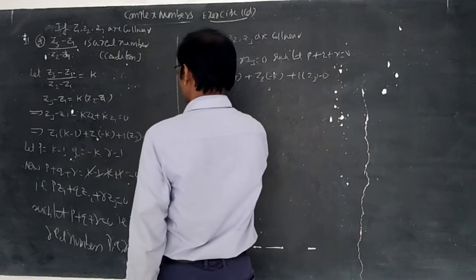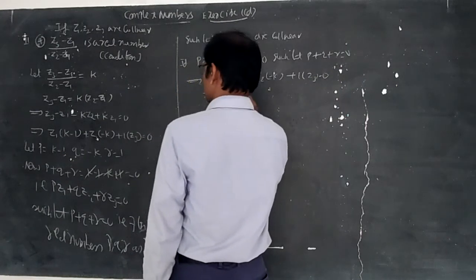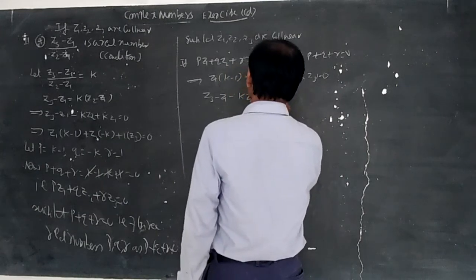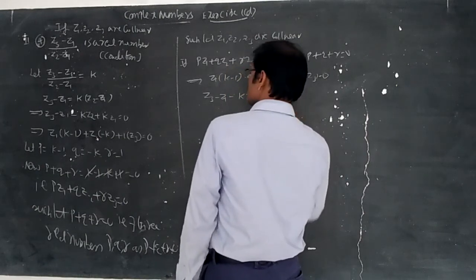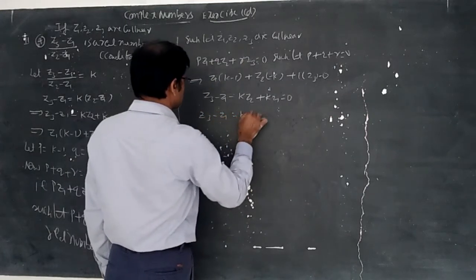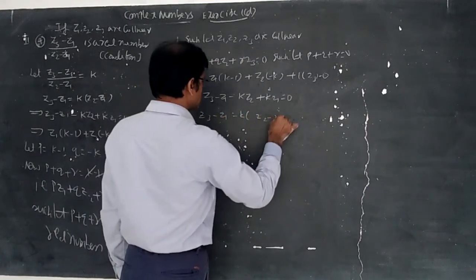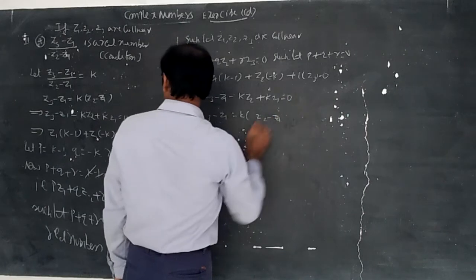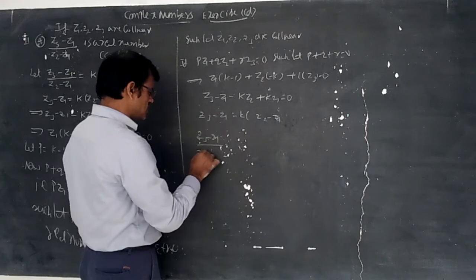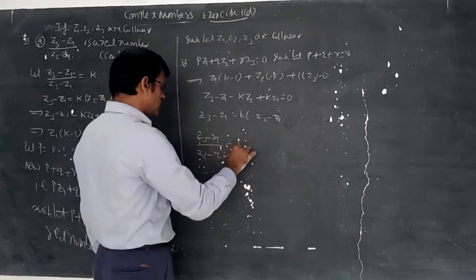In the similar way you can write Z3 minus Z1 minus K Z2 plus K Z1 equal to 0. And at last Z3 minus Z1 is equal to K into Z2 minus Z1. So Z3 minus Z1 by Z2 minus Z1 equal to K.